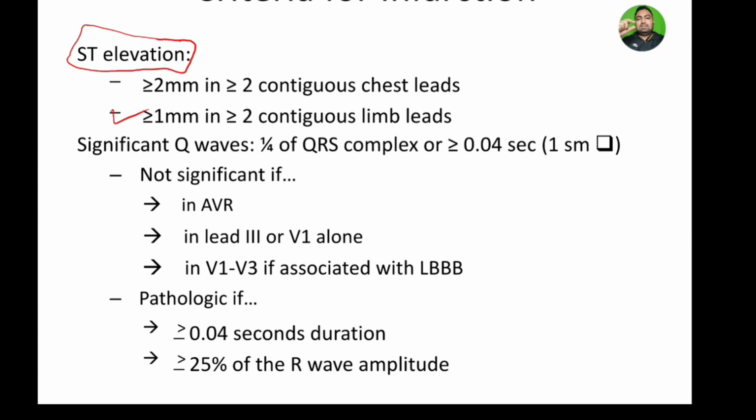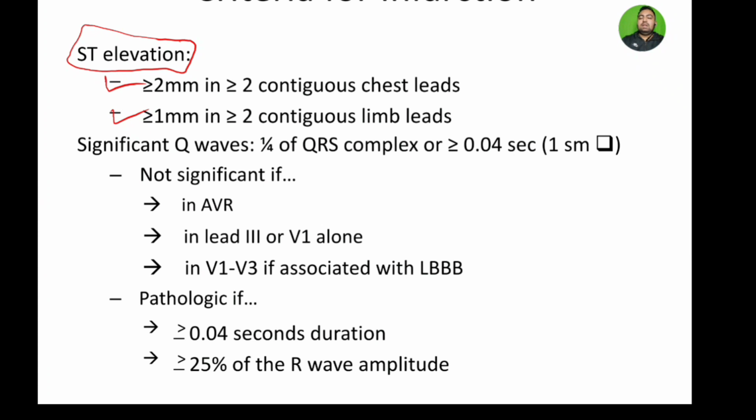If there is ST elevation greater than 1 small box in height, it is considered significant ST elevation in limb leads, which should be contiguous. And the second thing is there should be greater than 2 mm of ST elevation in contiguous chest leads, that is V1, V2, V3, V4, V5 and V6.